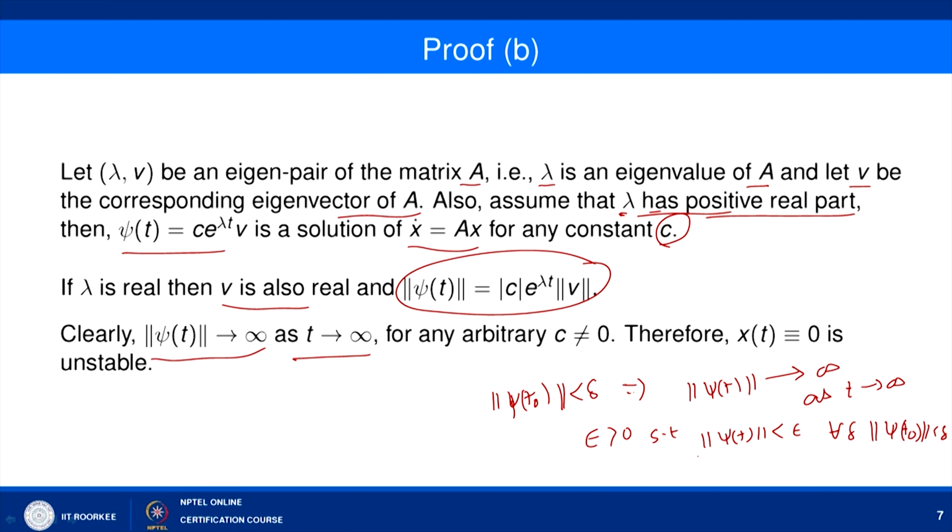Whatever epsilon you choose, since the norm of psi t is an increasing function of t, we can always find some time t such that the norm of psi t is not less than this epsilon. So, psi t is not a stable solution. Now, this is the case corresponding to lambda real.